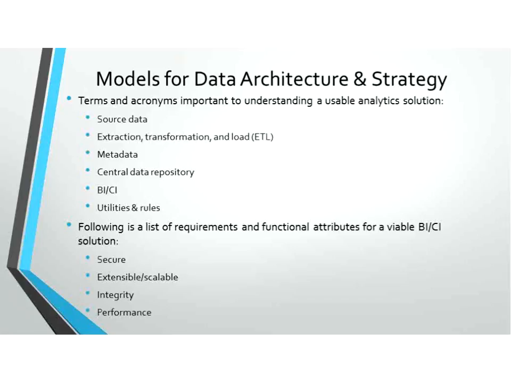Now, from there, let's segue over to looking at requirements and functional attributes for having a viable BI/CI system or solution. One thing we have to be concerned with is security. All our data must be secure.